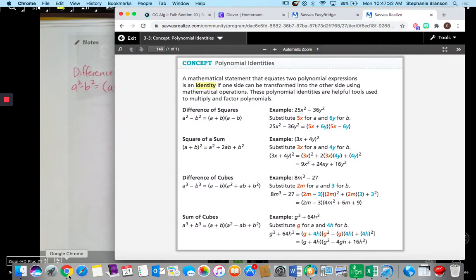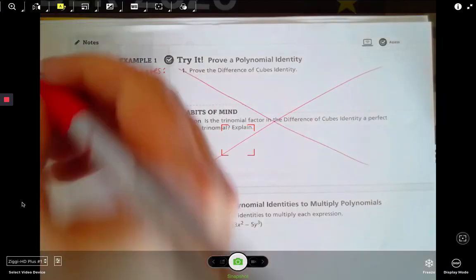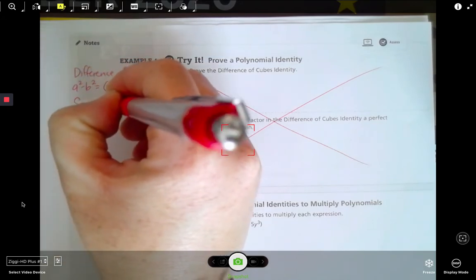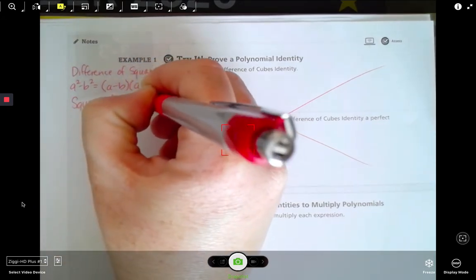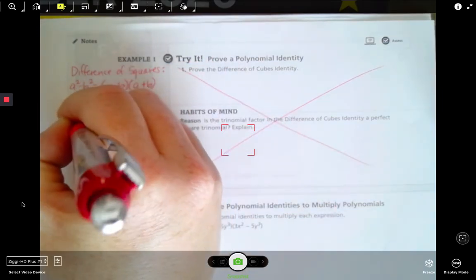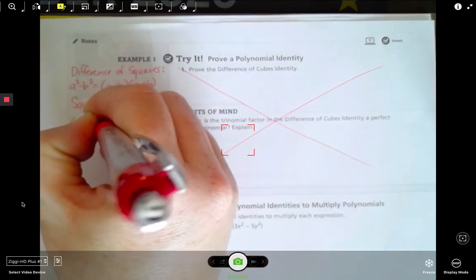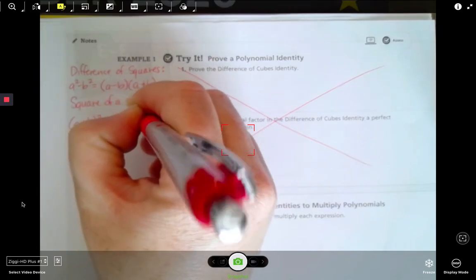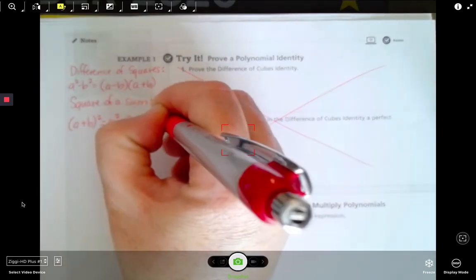Next we have square of a sum. So that's a plus b squared, which they say is a squared plus 2 times a times b plus b squared.